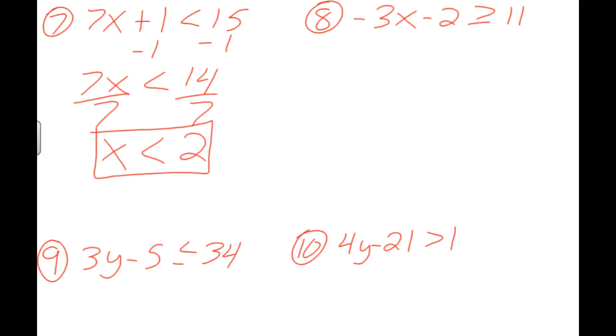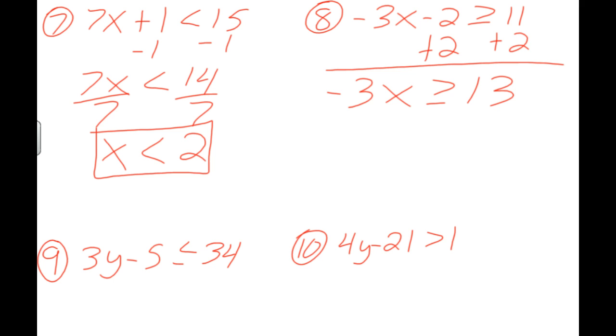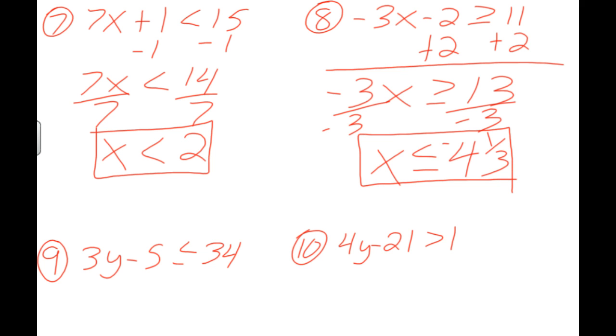Go ahead and just solve it. You don't have to solve it by graphing. Some of you are saying, oh, no, Mr. Altabelli tells us. Negative 3x is greater than or equal to 13, then divide by a negative 3. Just remember, when you divide by a negative 3, the inequality reverses, and that would be negative 4 and 1/3. So x is less than or equal to a negative 4 and 1/3.